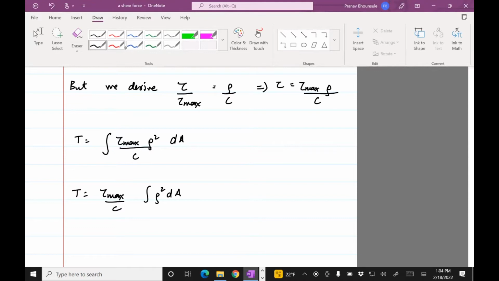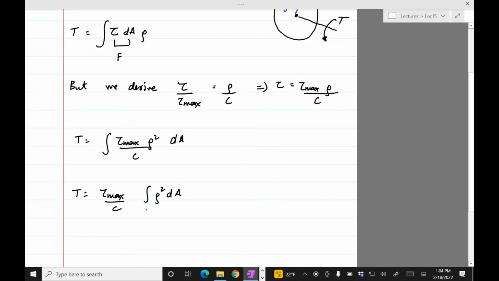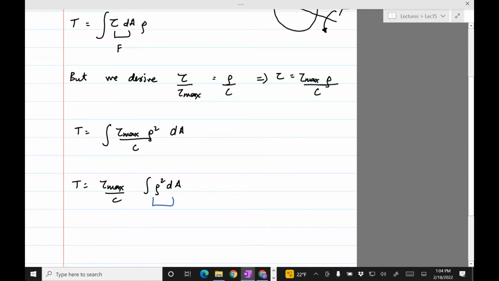So rho squared times dA, the integral over the entire area, is also known as the polar moment of inertia. Again, the symbol used is J.